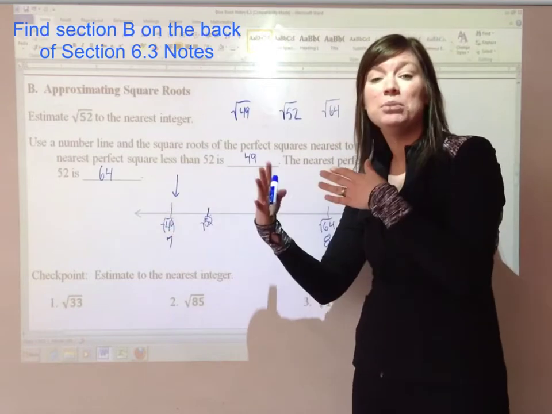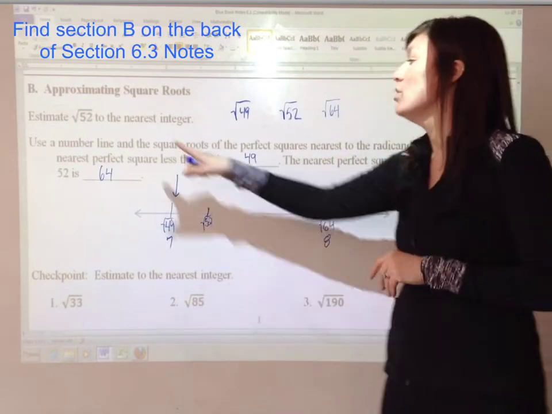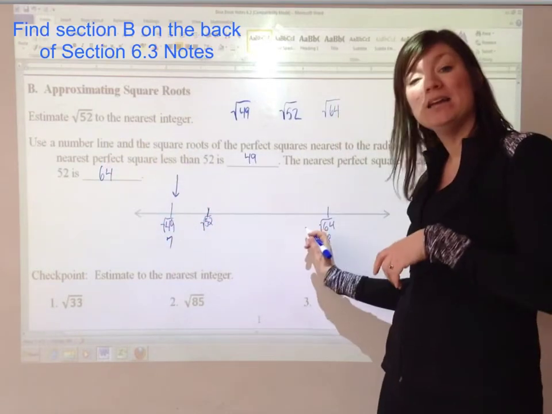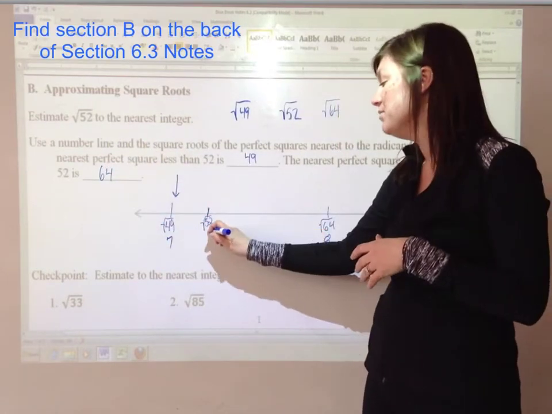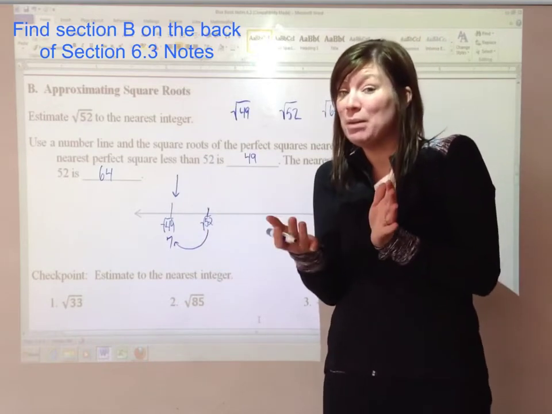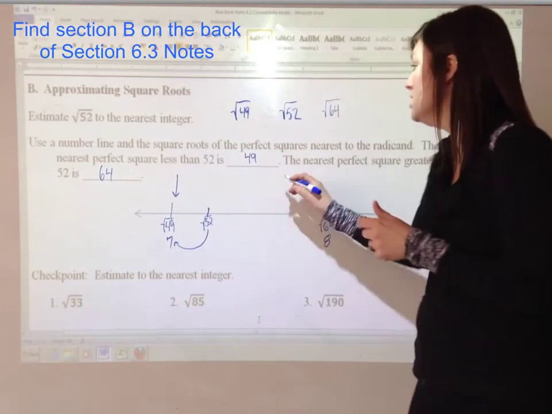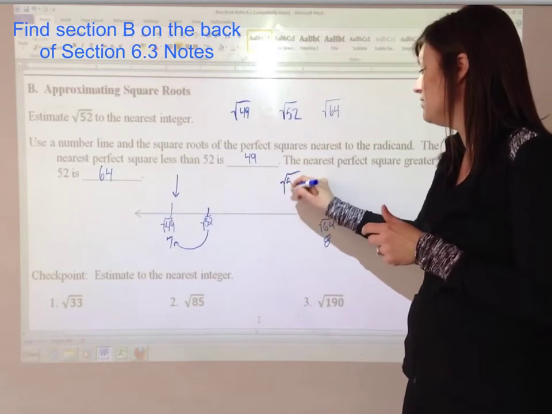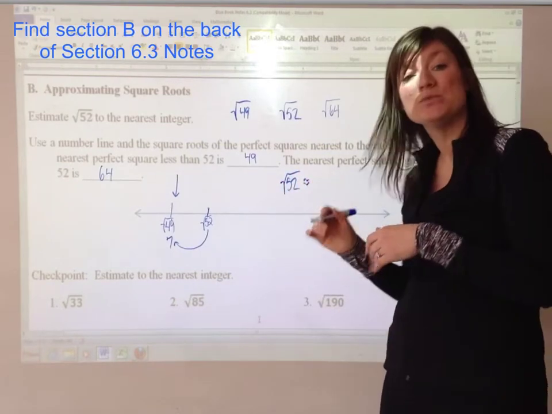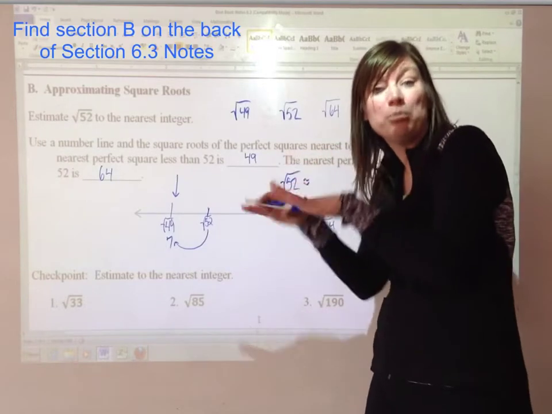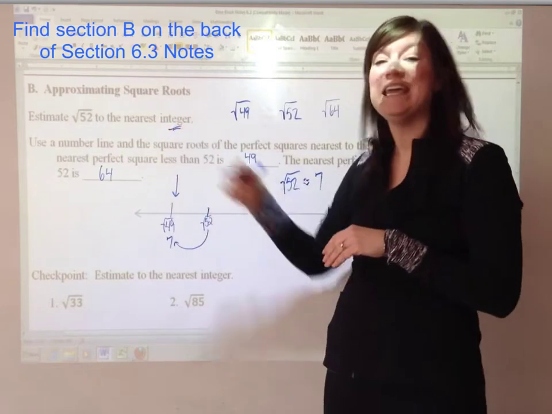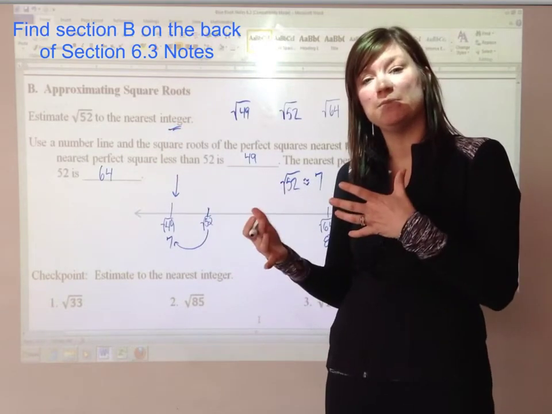And I use my number line to approximate that. So to estimate the radical of 52 to the nearest integer, by sight on my number line, the radical of 52 is approximately 7. I know it's a little bit more than the radical of 49, so my answer would be the radical of 52. Now remember, it's an approximation, so we have to squiggle the equals. We're saying it's approximately equal to, and we can say 7. And remember, we're picking integers, so we don't have to worry about any decimals after that.